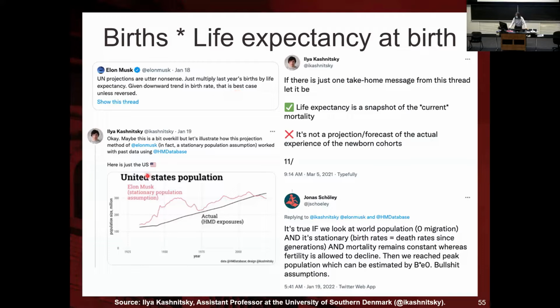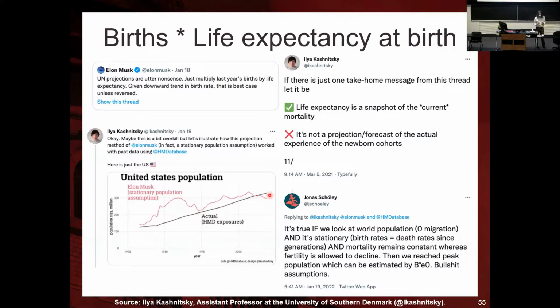So by doing the exercise that he said, you would actually be overestimating the size of the US population, instead of using actual data of mortality that was measured since, I guess, around the 1940s, right? Until 2010, around that.